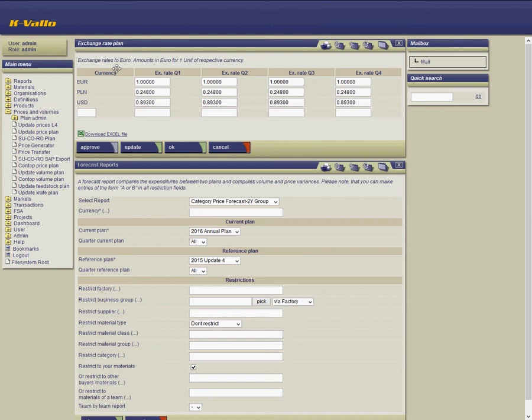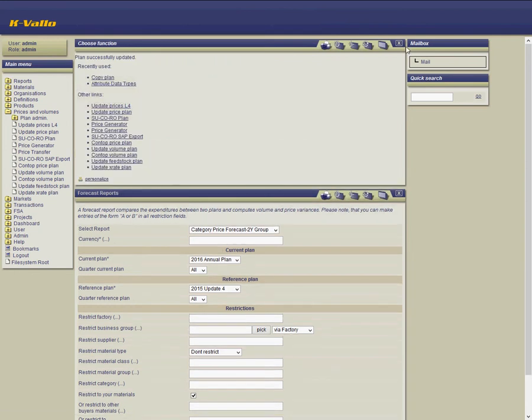And what we believe now for 2015 is that the US dollar will become a bit stronger. So we're planning now at 0.88 for the year. And we make an update.